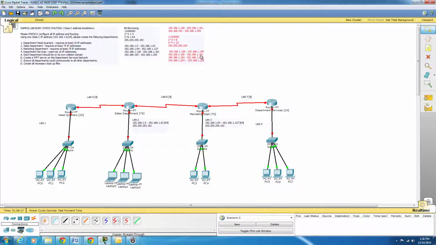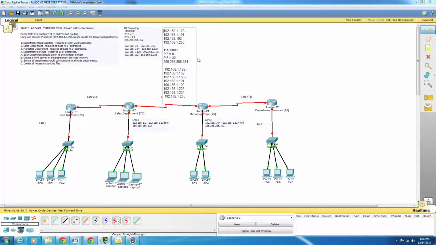So here we go. Gonna leave that little notation right there. What we did was break up this block of IP addresses, which was a total of 64 IP addresses each, and these 64 IP addresses got broken down into these 4 blocks of IP addresses.